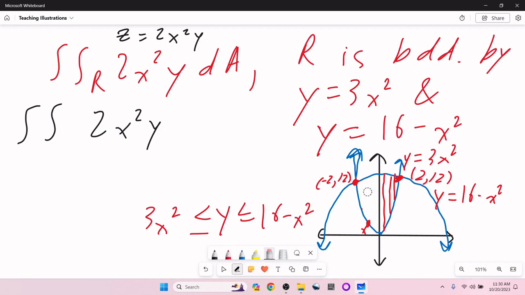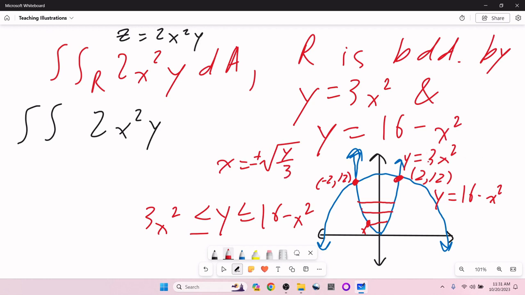Now, on the other hand, what if we decided to go left to right? Well, we'd have to cover the whole thing. So when we do this, we'd go from the left side of 3x squared to the right side of 3x squared. Or actually, no, we'd have to solve for y. I guess we'd have to say x equals plus or minus square root of y over 3.